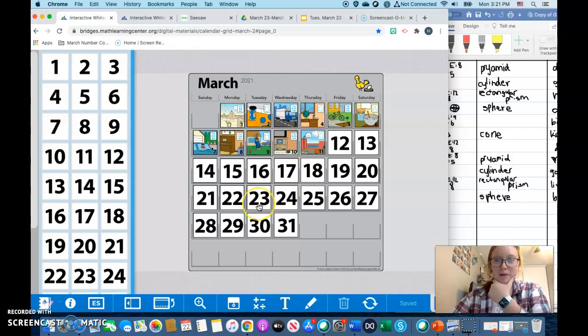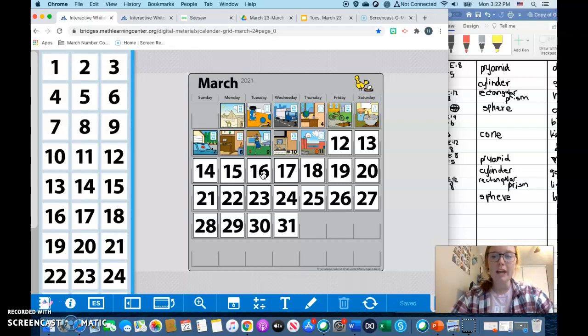Then we're going to flip over March 23rd because today is Tuesday, March 23rd. And then in your Number Corner activities, you're going to fill in a few of our missing ones. That way you can help us catch up to fill in our grid.